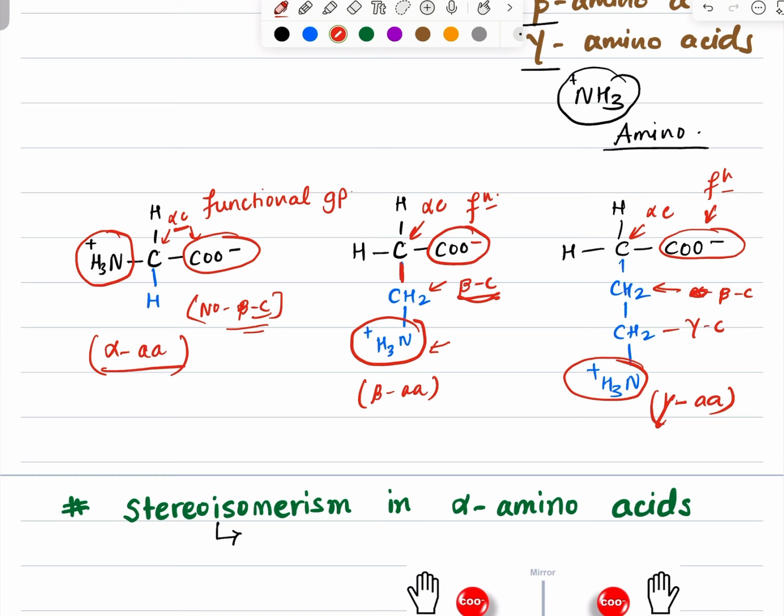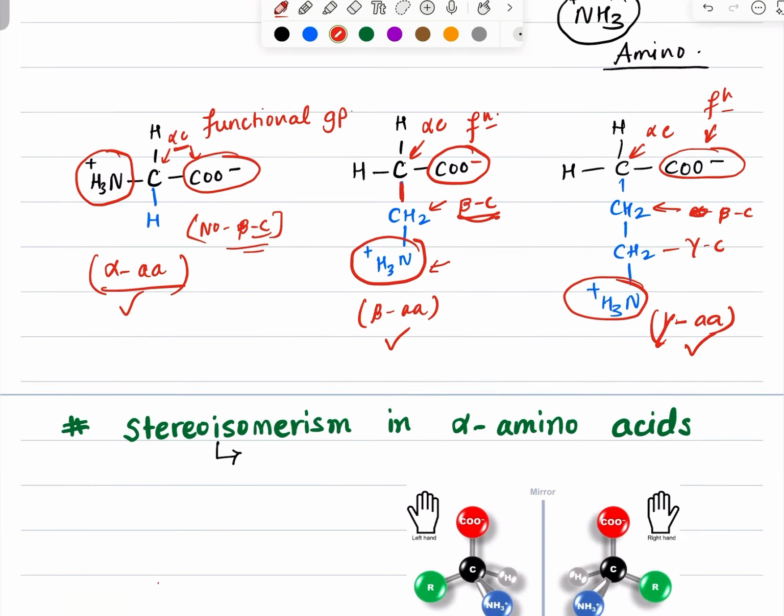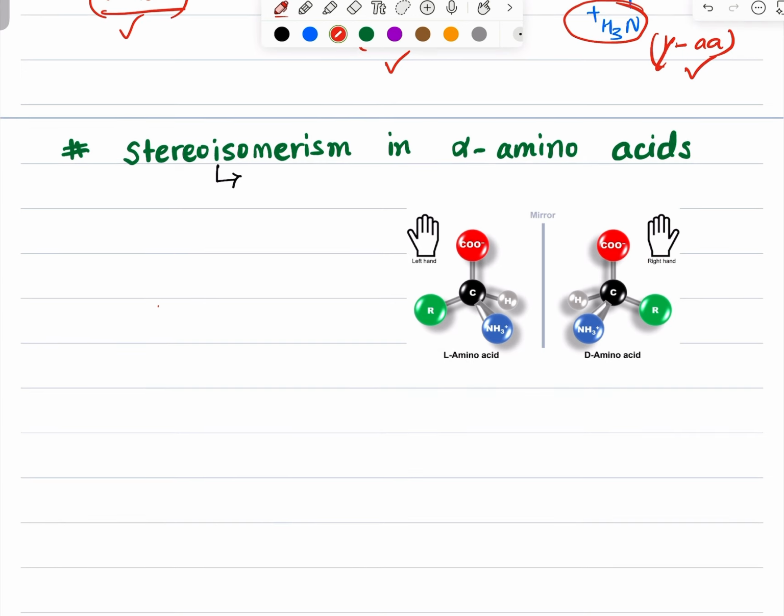So I think at this point we are clear about alpha amino acids, beta amino acids and gamma amino acids. Let's understand what we mean by stereoisomerism in alpha amino acids. Stereoisomers basically means that if you put a mirror between two molecules, say an L amino acid and a D amino acid, you can see a mirror image of each functional group: carboxyl group, hydrogen, NH3 and R group.